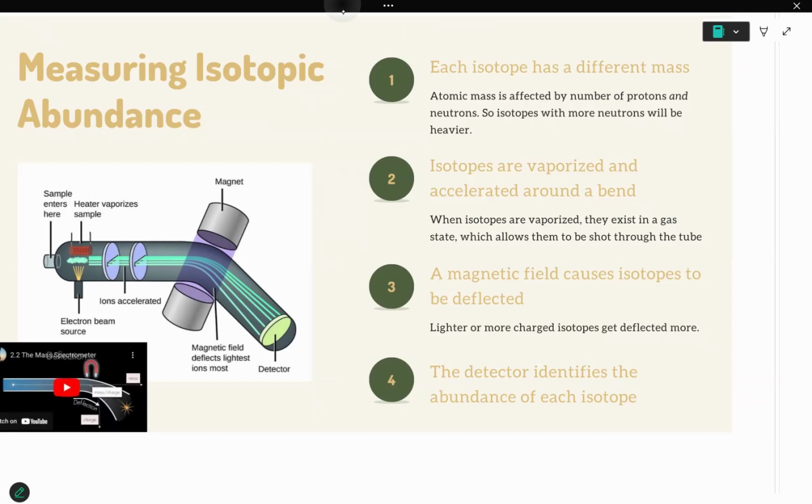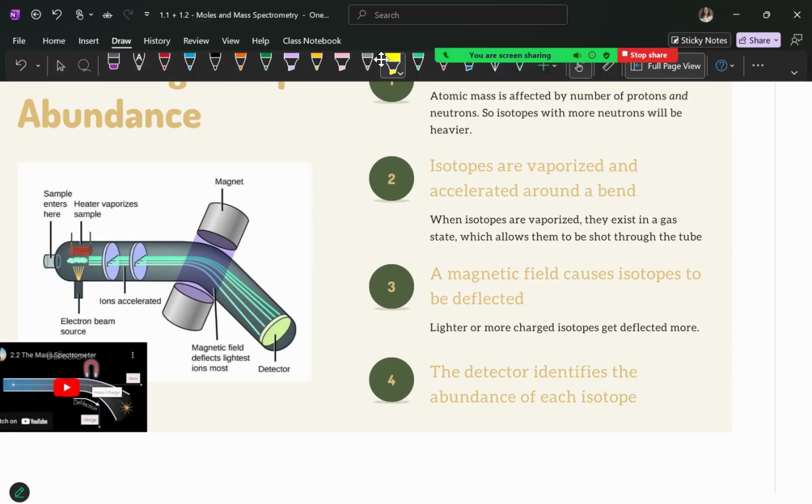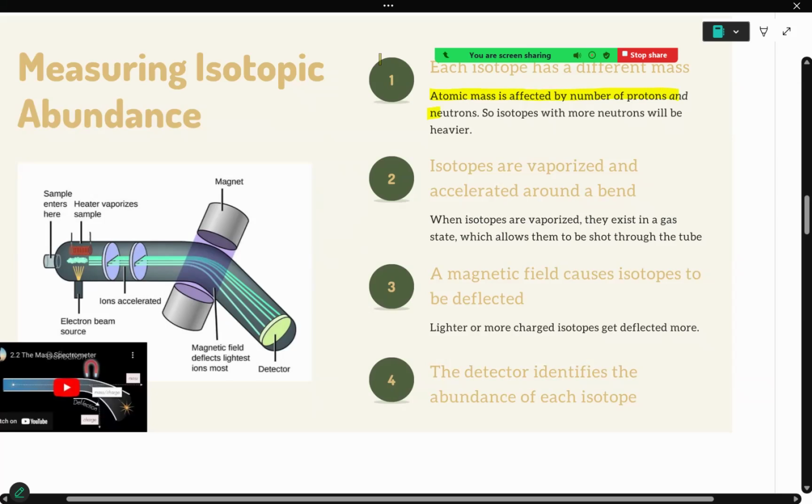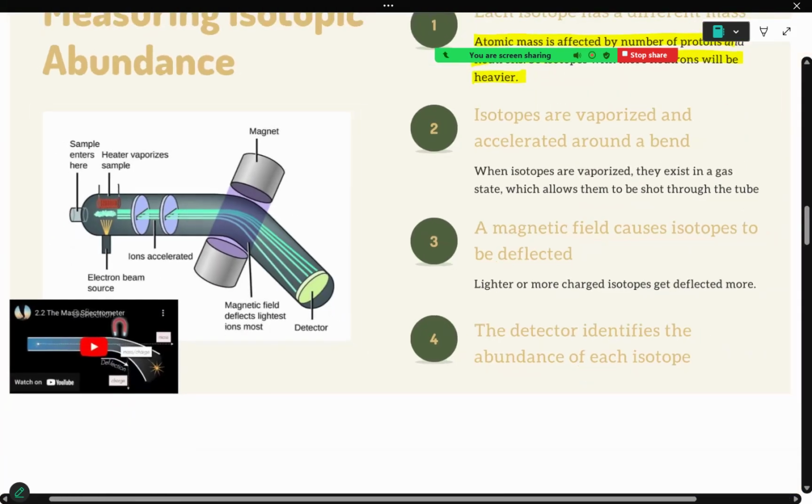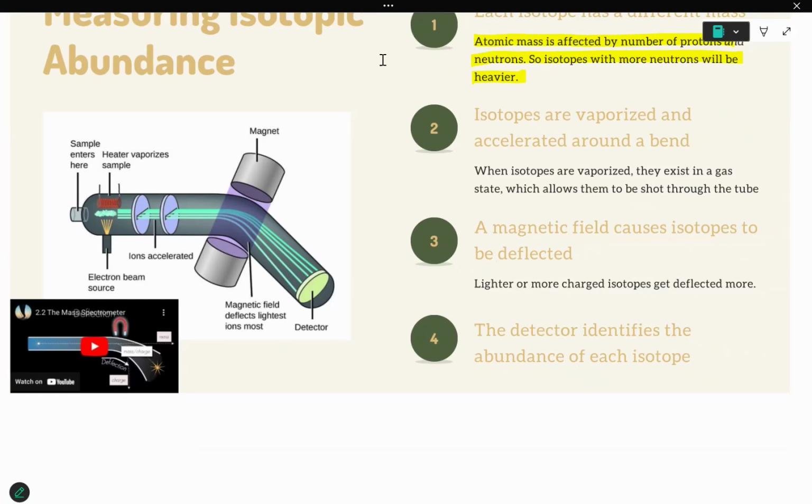So atomic mass is affected by the number of protons and neutrons, and if an isotope has more neutrons, it's going to be heavier. Now, in a mass spectrometer, isotopes are injected into a machine and vaporized, so they are turned into gas form and shot through a tube with two magnets in it. The magnetic field is going to cause the isotopes to be deflected.